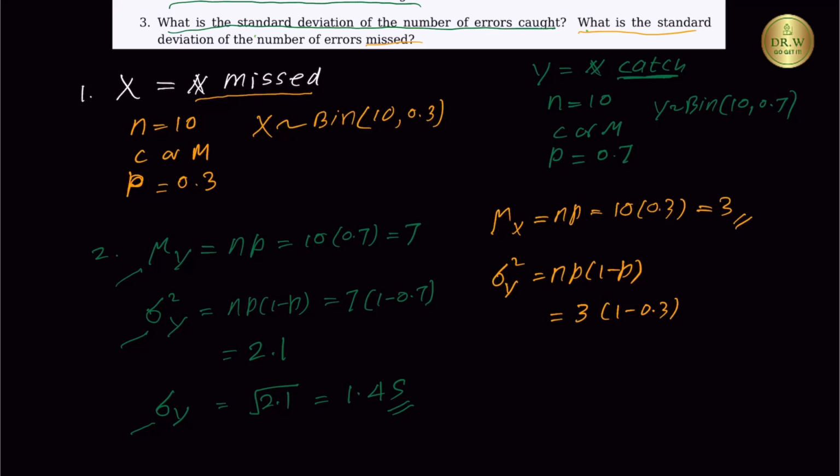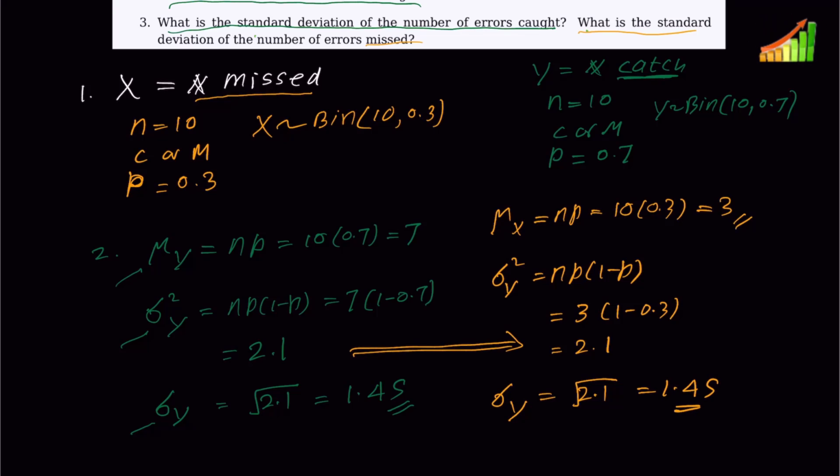So that is 2.1, and standard deviation is square root of variance, therefore this is 1.45. You see, variance of both x and y are the same. Why? Because x is the opposite of y and y is the opposite of x. In this type of situation, you will get the same variance and same standard deviation as well.